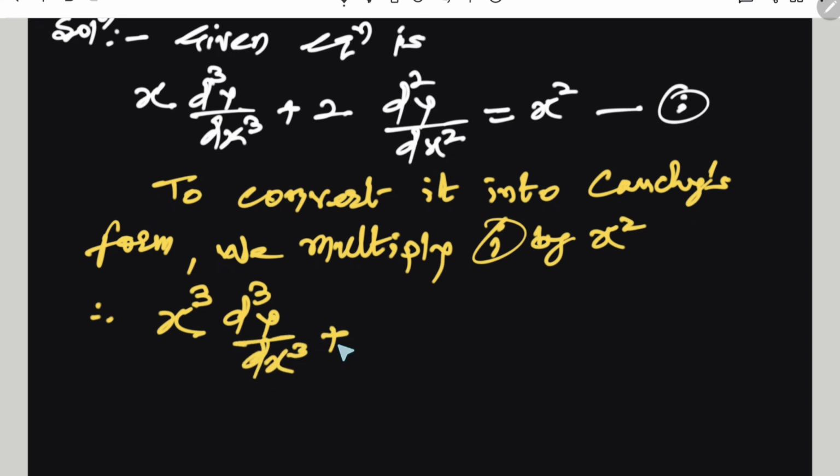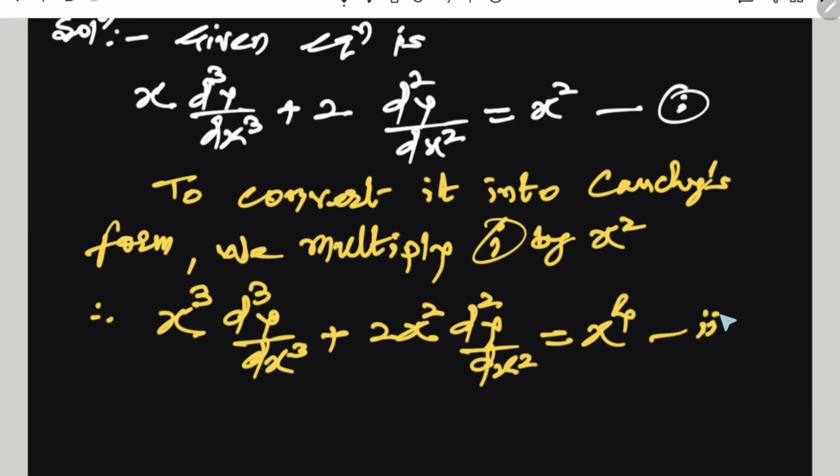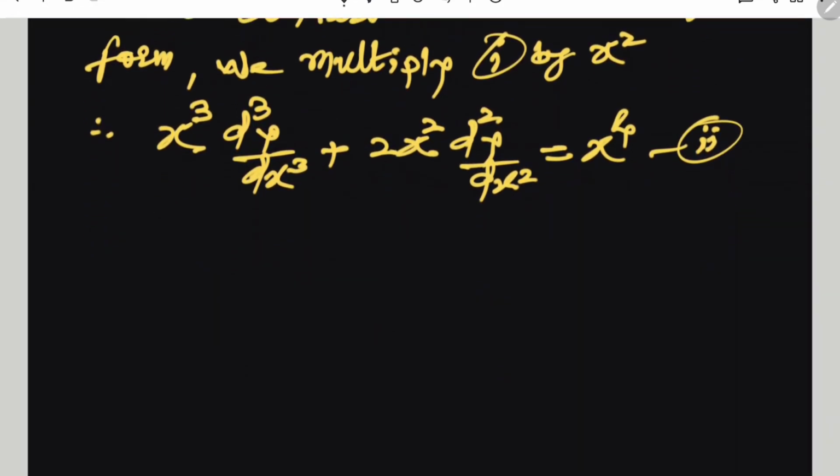We call this equation number 2, and equation 2 is in Cauchy's form. This is a linear differential equation with variable coefficient.